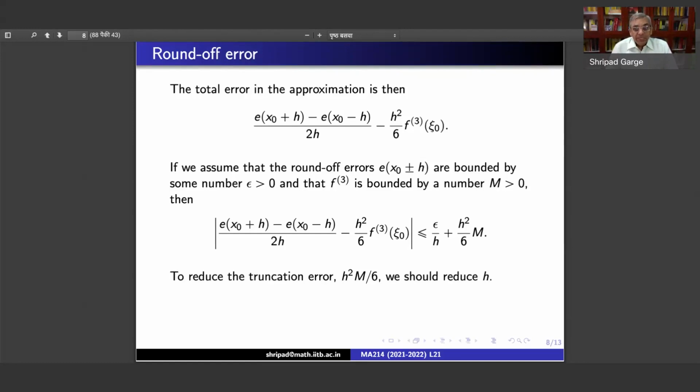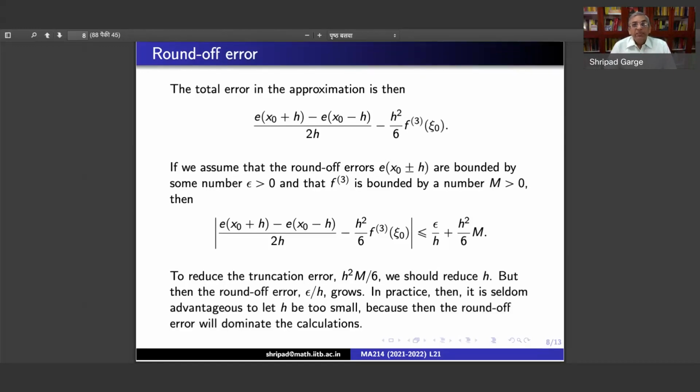But the problem is that when you reduce h, the round off error, which is epsilon by h, will grow. So you cannot reduce h too much, because then the round off error becomes huge. You have to find an equilibrium, some golden mean somewhere, to take a decision.